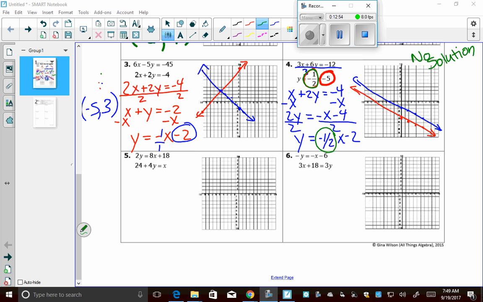Okay, so on problem number 5, there again, I can also make my number smaller. So I'm just going to divide by 2. So I'm going to be left with y equals 4x plus 9. Once you divide everything by 2, you notice that it's already in my y equals mx plus b form.